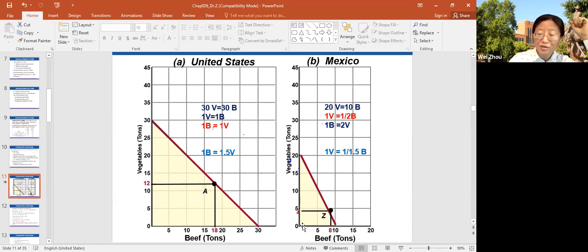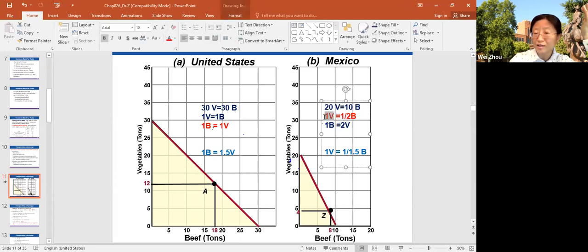Even though US can produce more, being more productive on both sides, it shouldn't produce more. What we should produce is something we have lower opportunity cost on. Mexico, on the other hand, is poor on both vegetable and beef in productivity. However, to make a vegetable, it only costs half of beef. It's way better than US. So Mexico should produce vegetable.